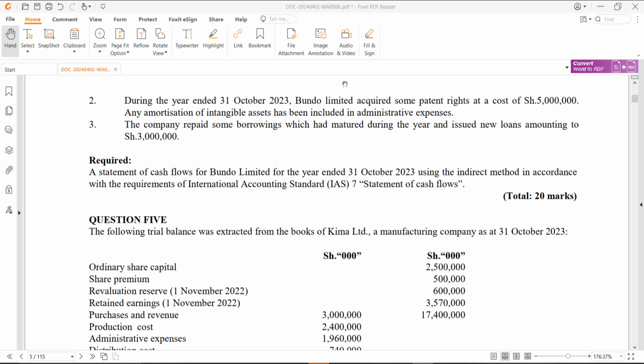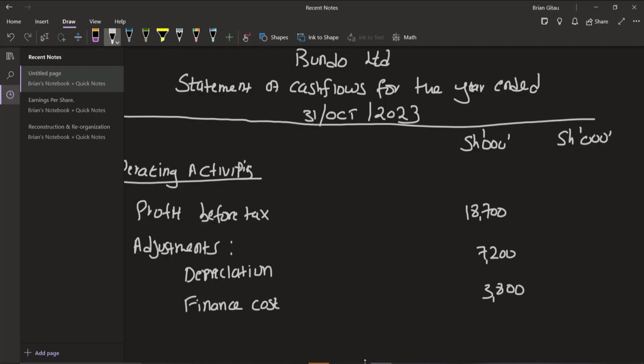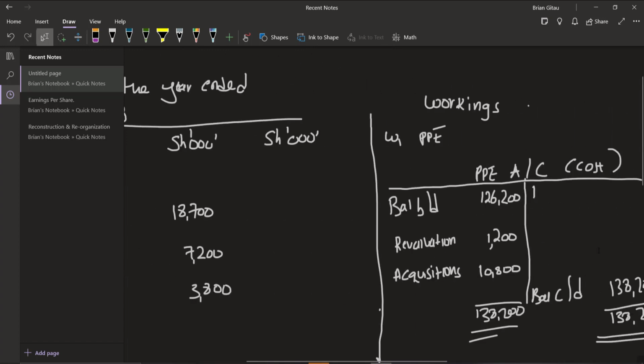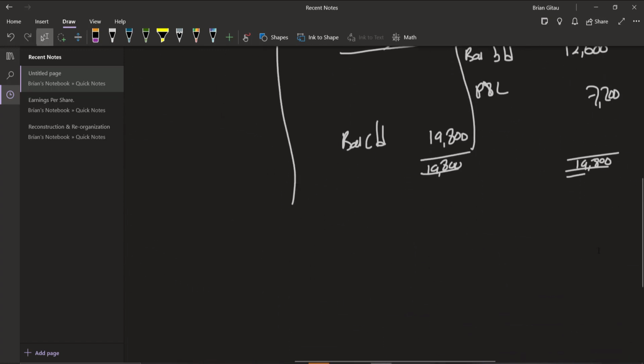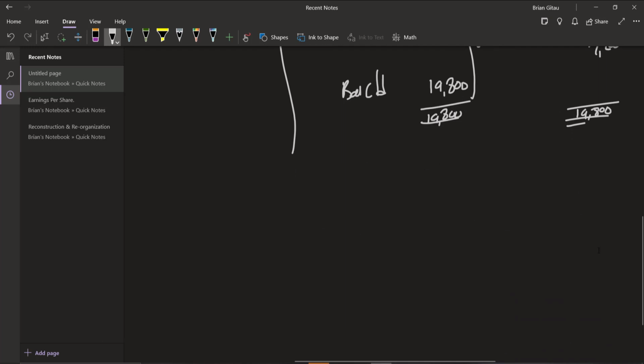So let's go ahead and prepare the intangible assets account. Because the amortization has been included in the administrative expenses, let's go back to our workings, and we have intangible assets.